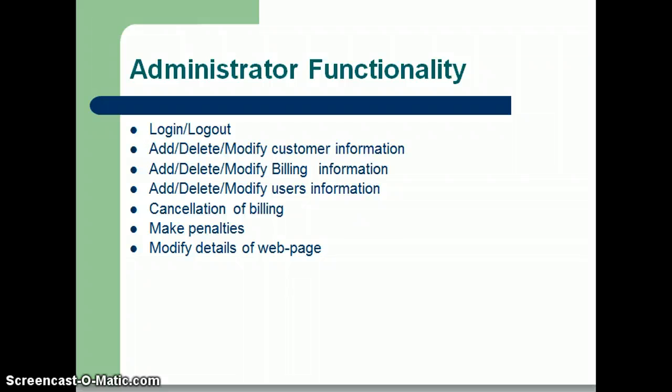Administrator functionality: login and logout, add, delete, modify customer information, add, delete, modify billing information, add, delete, modify user information, cancellation of billing, make penalties, modify details of the web pages.